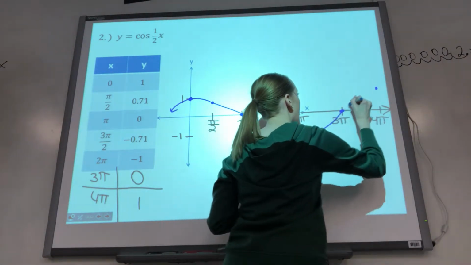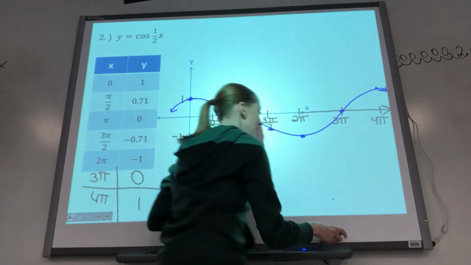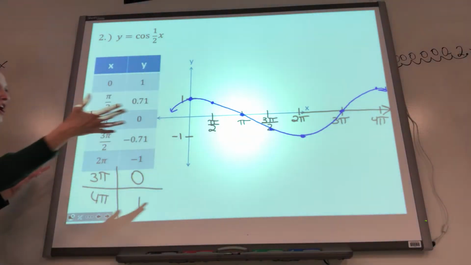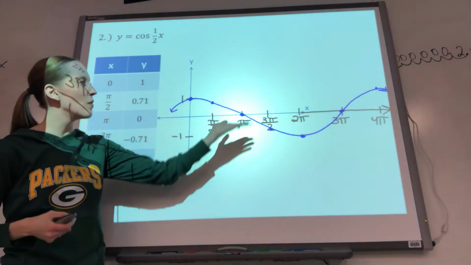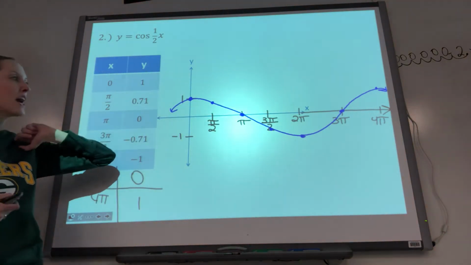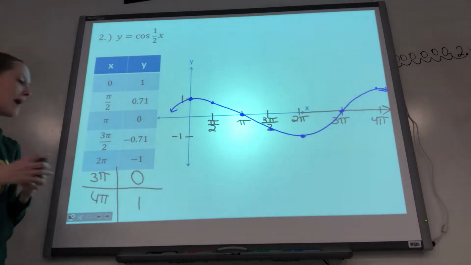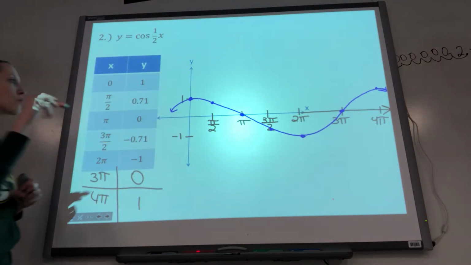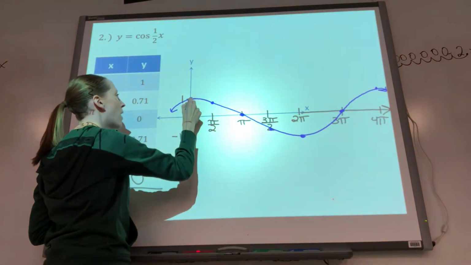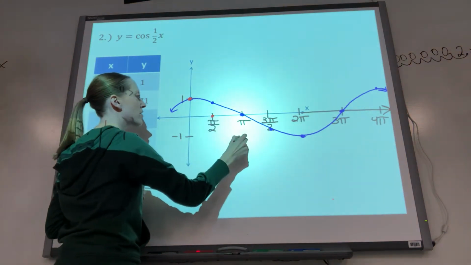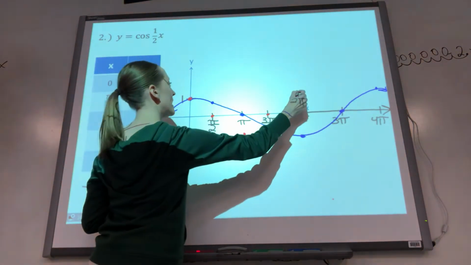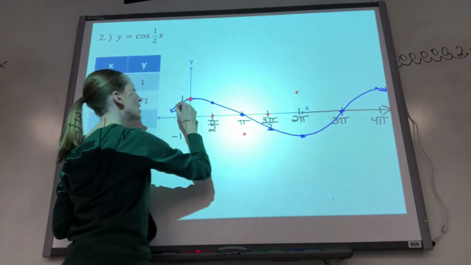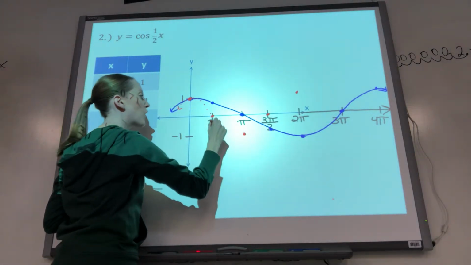That is now going to show me what the whole curve looks like. Now it looks a little bit more like the parent graph. So think about this. The parent graph, I'm going to put it in red. You don't have to do this part, but here's what the parent graph did. It was a little bit shorter.